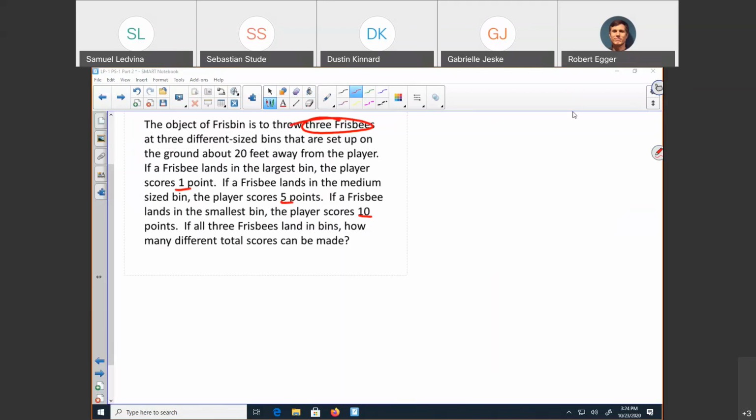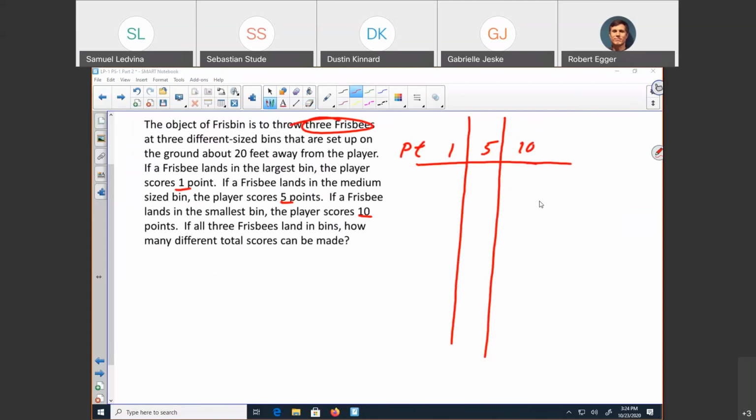So let's see, how many ways can we score on Frisbin? So let's do a 1, 5, and 10. 1 point, 5 points, and 10 points, and total.